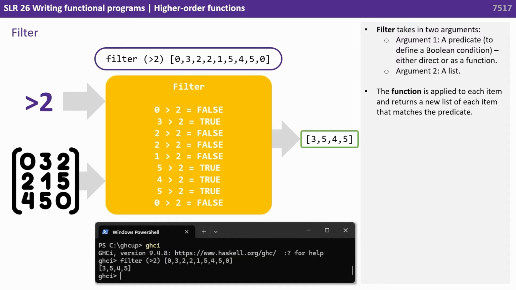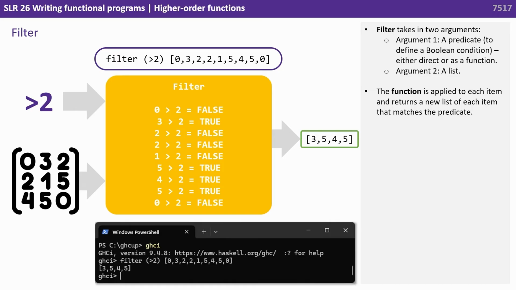Next is filter. Filter also takes in two arguments. Argument 1 is what we call a predicate. So that's to define a Boolean condition, either direct or as a function. And the second argument is a list. The function is applied to each item and returns a new list of each item that matches the predicate.